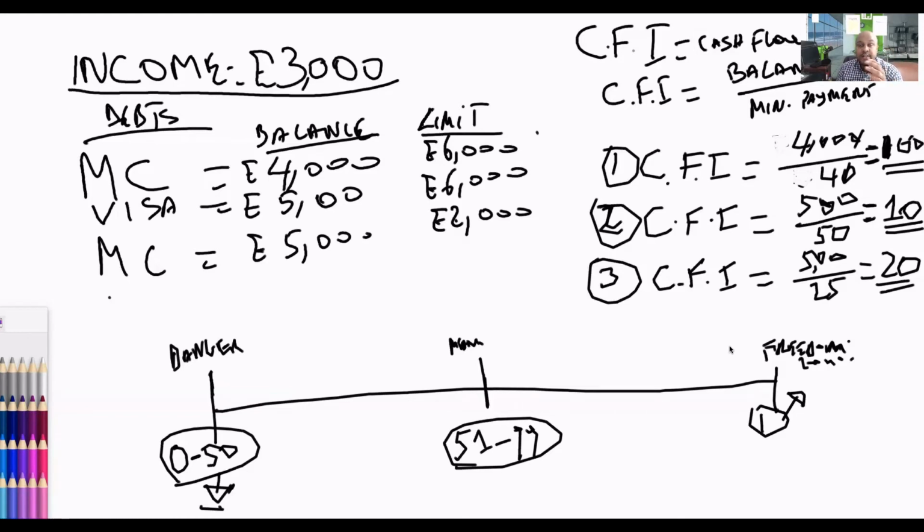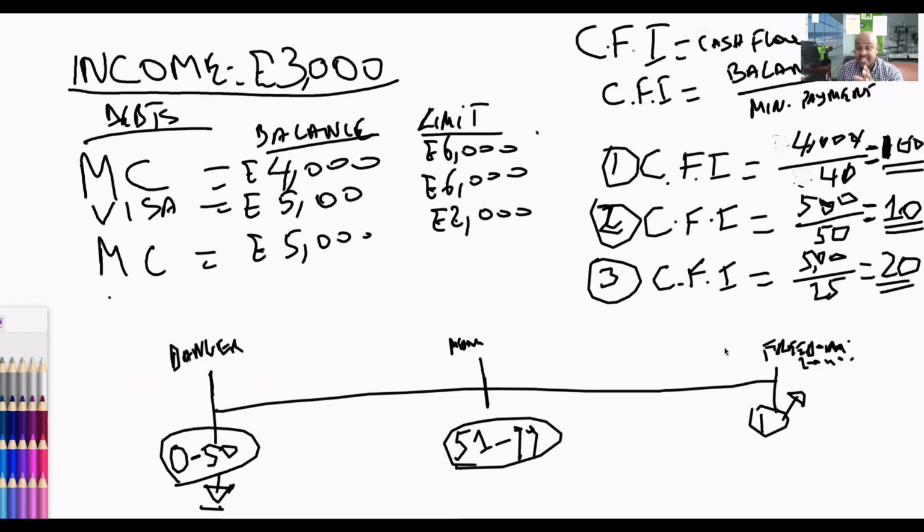managing your credit card, and you don't know which one you should start to pay off first, you don't know how to do it, this strategy that I just showed you, using the cash flow index formula, can help you define which one to start clearing first as a matter of urgency.